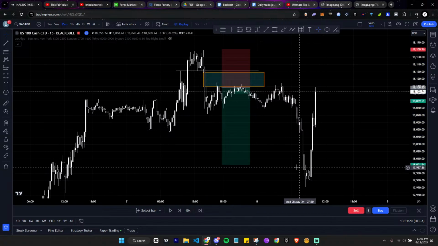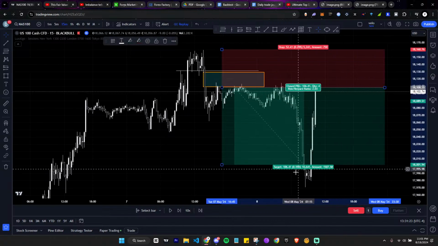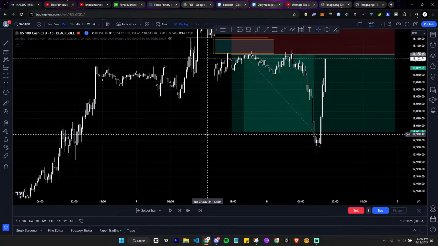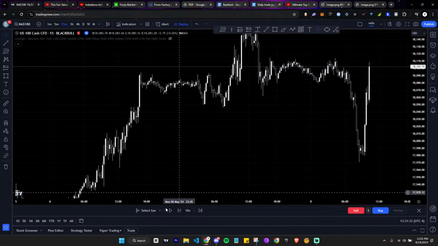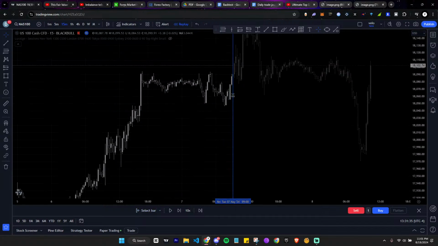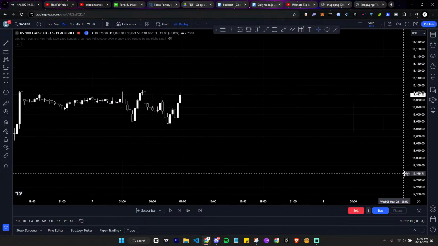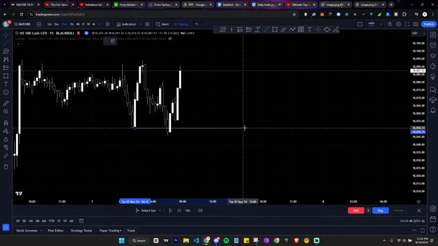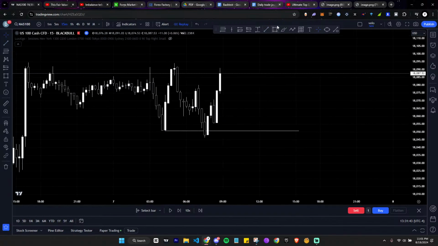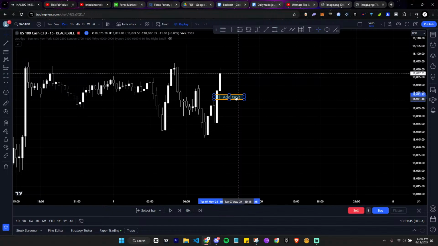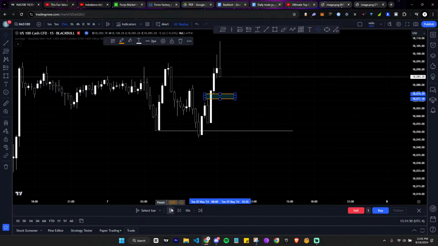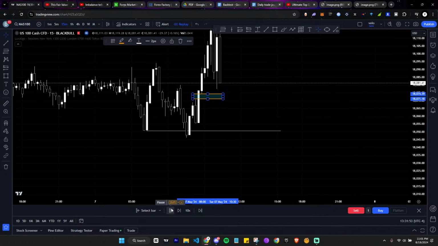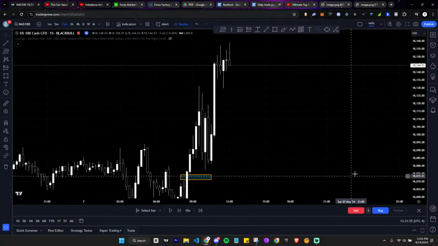Boom. Anyways, let me backtest a little bit more. Okay, we see a sweep right here. Fair value gap. Nope, didn't come back.